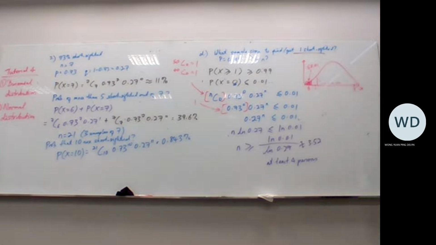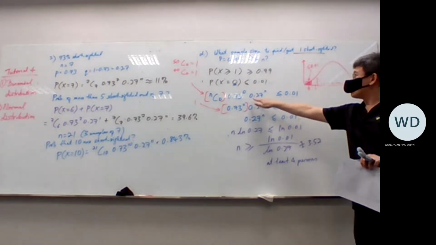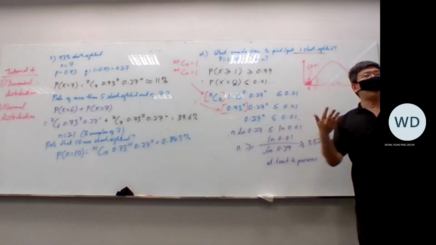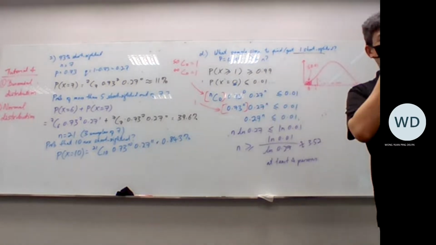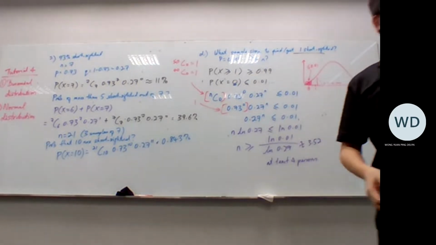Okay. So the easiest way, if you look at it, 0.27 to the power of 4 is what?